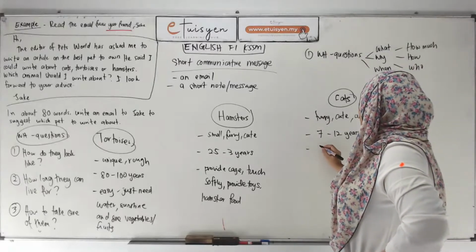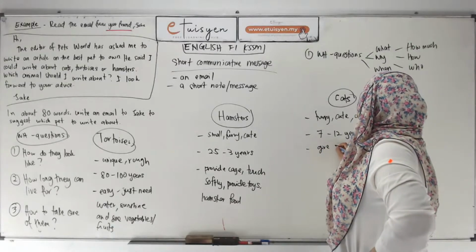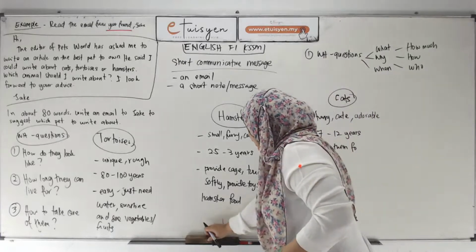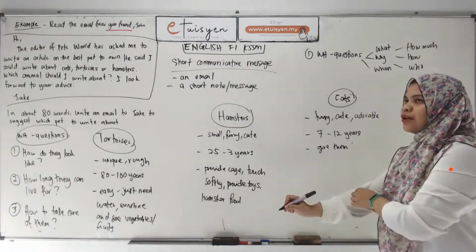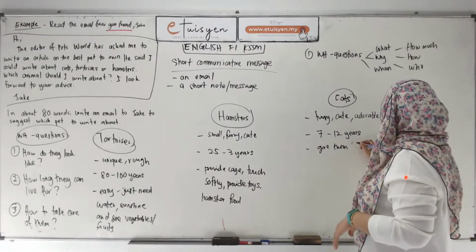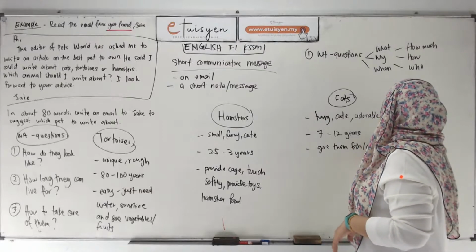You need to give them food. Food as in cat food. Not really cat food lah. You can give them fish and everything, but you cannot give them fruits. No. Okay. Fish or cat food.